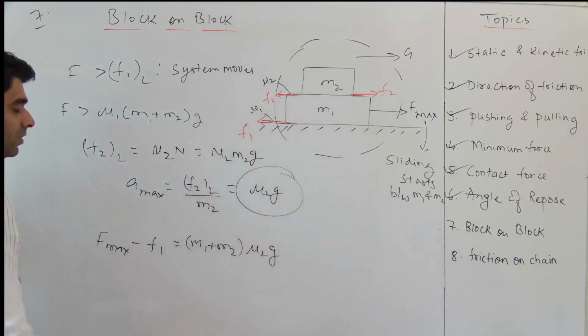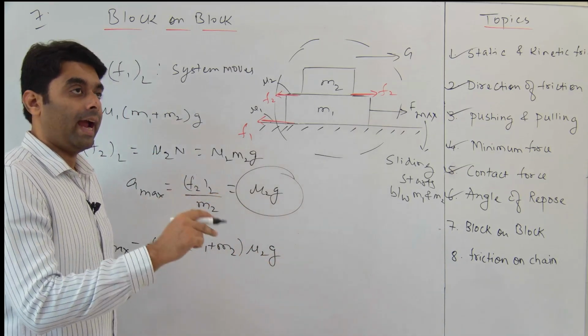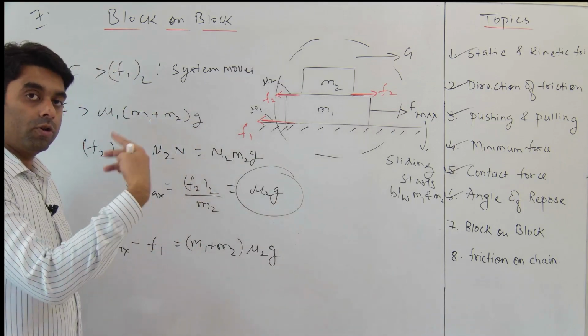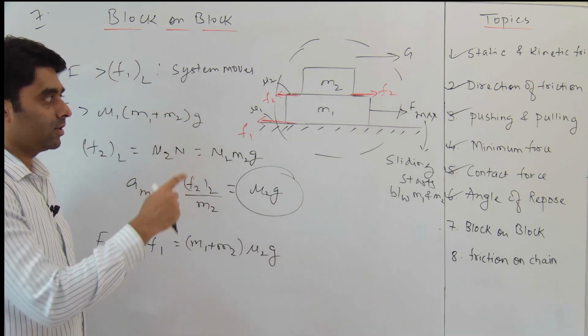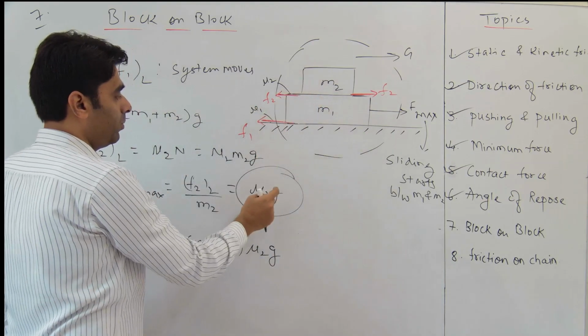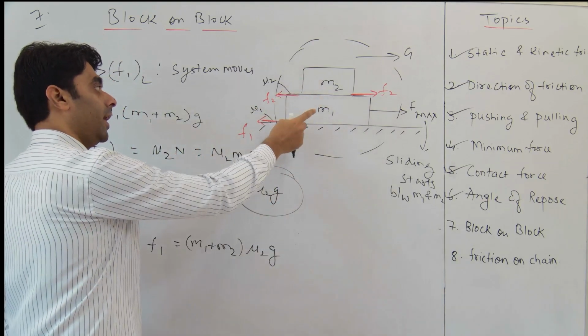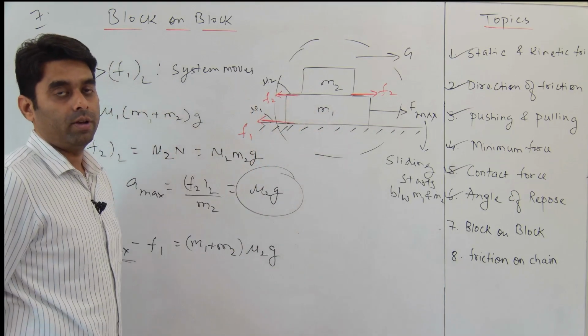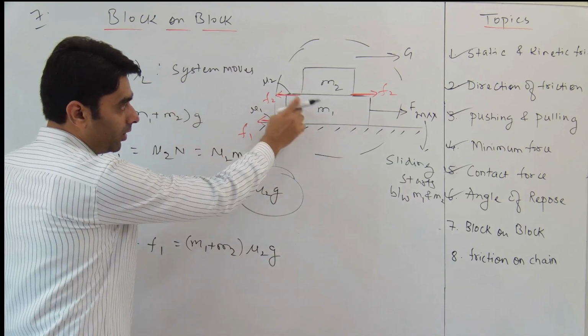So with this equation, we can calculate the force at which sliding begins between m1 and m2. For forces more than this, sliding will begin. And the maximum acceleration for m2 will be this much only, right? To calculate acceleration for values more than F max, we will have to apply F net equals ma individually on your m1, right?